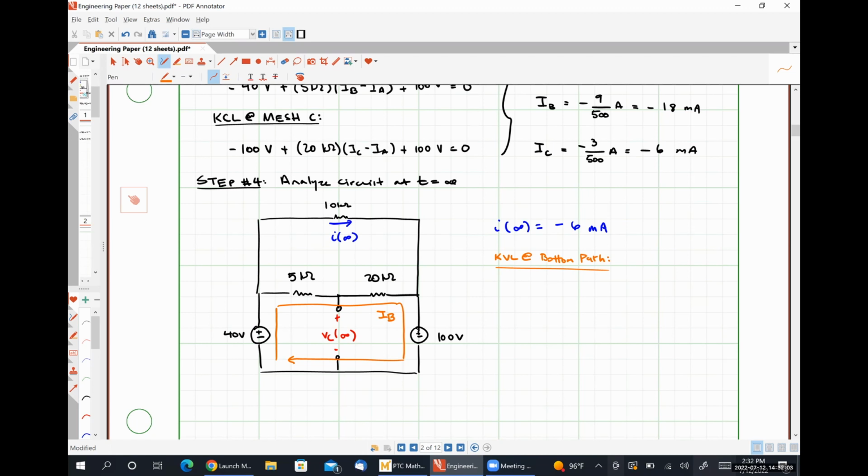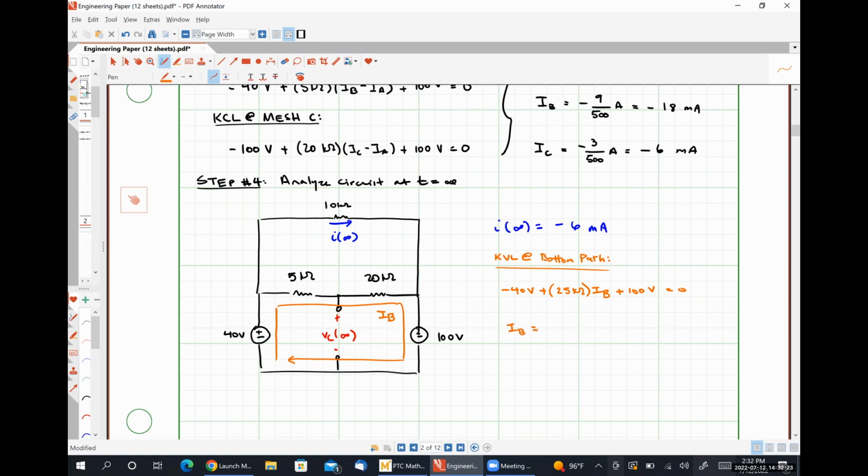So around our bottom path here, we're going to have negative 40 volts plus 25 kilo ohms times IB plus 100 volts is equal to 0.